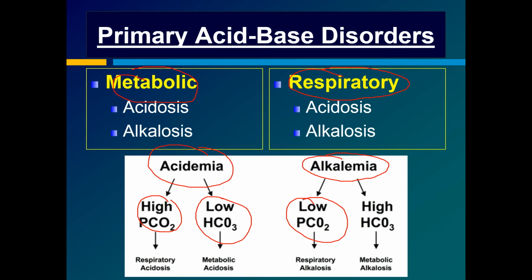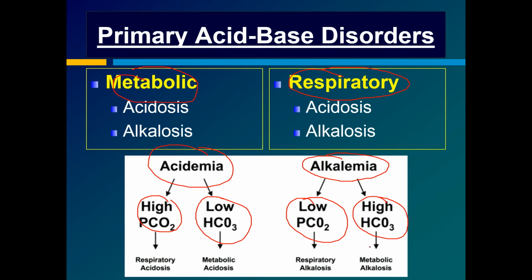A low PCO2 and a high pH greater than 7.45 would be consistent with a respiratory alkalosis, whereas a high serum bicarbonate, again from a venous blood sample from a basic metabolic profile, will be consistent with a metabolic alkalosis.